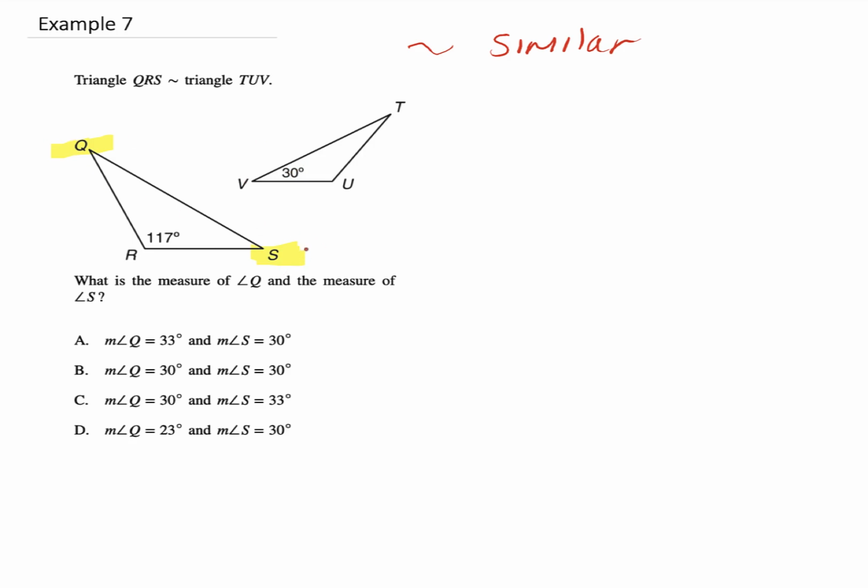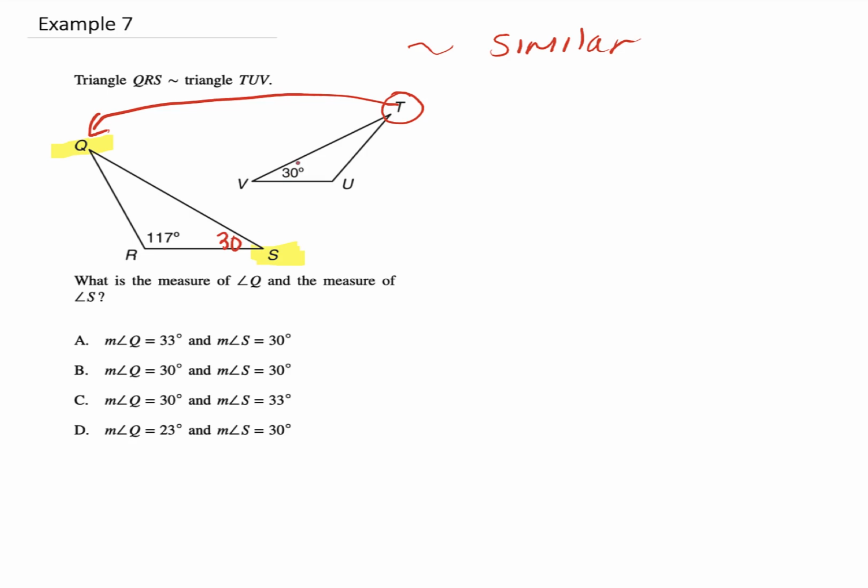Let's take a look. Now I'm going to look at T. Angle T looks like it corresponds to angle Q, which means that angle V corresponds to S. So this is 30 degrees.